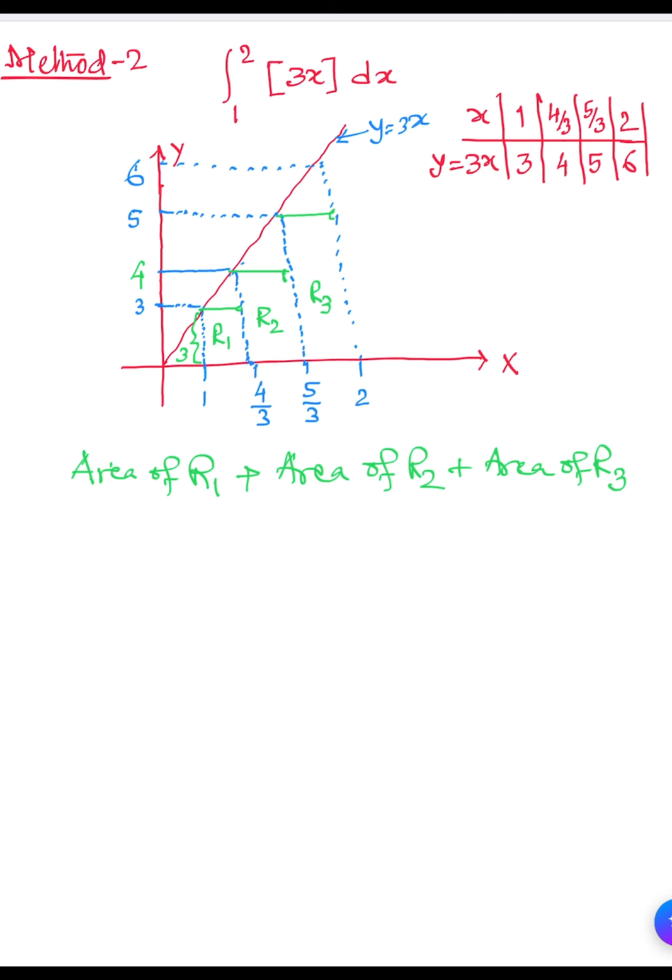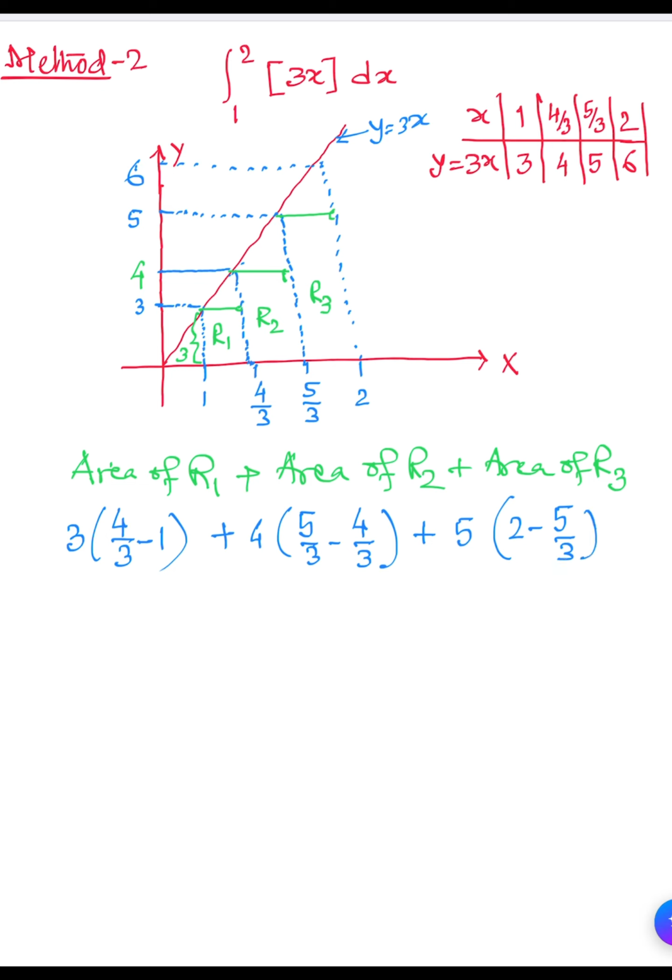Now the area of rectangle 1 is 3 into 4 by 3 minus 1, where 4 by 3 minus 1 is the breadth of rectangle 1. The area of rectangle 2 is 4 into 5 by 3 minus 4 by 3. The area of rectangle 3 is 5 into 2 minus 5 by 3.